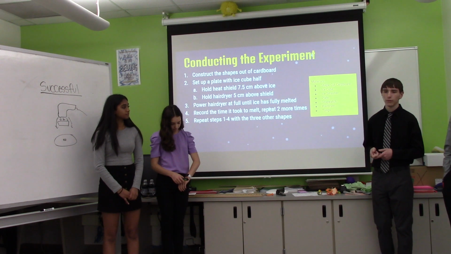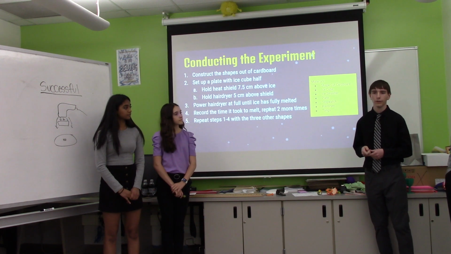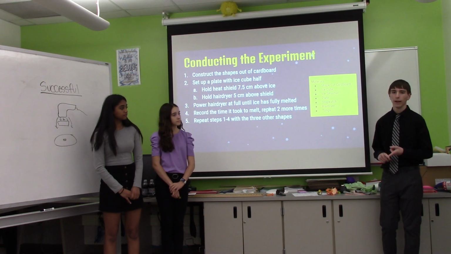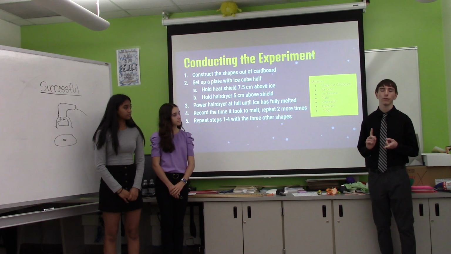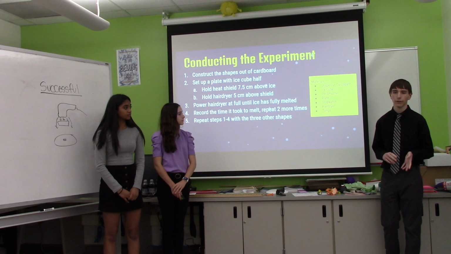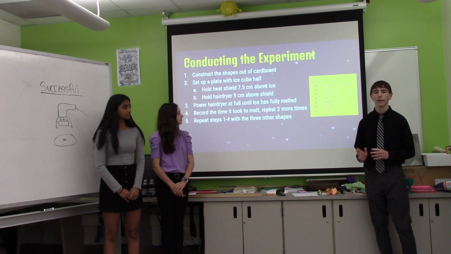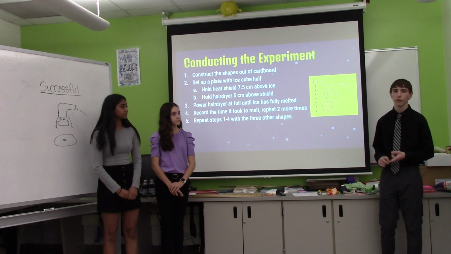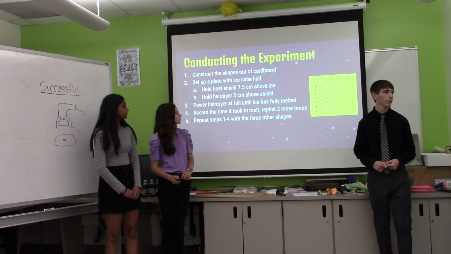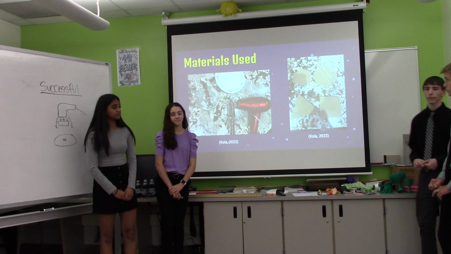Then we turned on the hairdryer, pointed at the shield with the ice cube beneath it. We timed it until the ice melted, and then we recorded both that data, how long the ice took to melt, as well as how much ice had actually melted, and then we repeated all the previous steps for each of our 4 shapes.